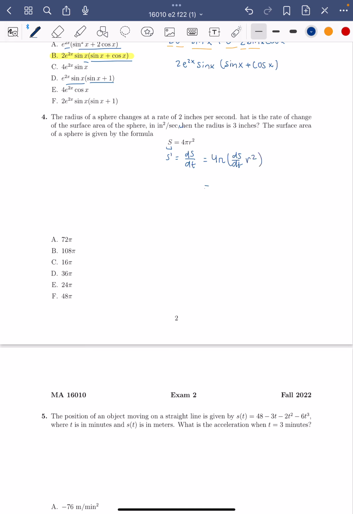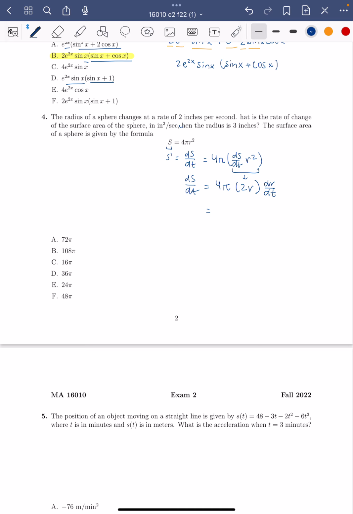So if we find that, we need to use implicit differentiation. We would find that this term right here would be 2r times dr over dt, because we don't know how radius changes with respect to time, we just have it as a rate. So we rewrite that.